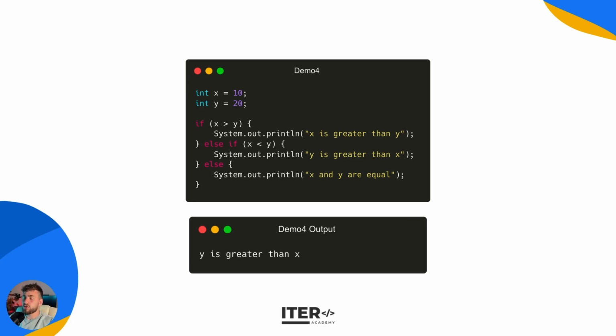Depending on the result of these comparisons, the program executes different code blocks. If x is greater than y, the program prints x is greater than y. If x is less than y, the program prints y is greater than x. And if both x and y are equal, the program prints x and y are equal.